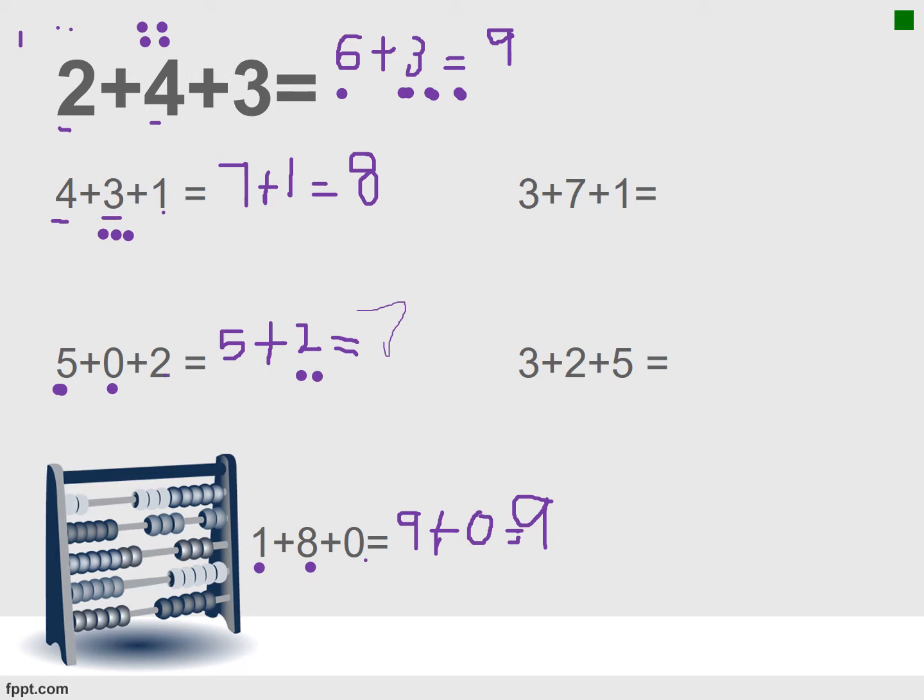Next, what are the numbers that we are going to add? The first 2 numbers. That is 3 and 7. So 3 and 7 will be 3, 4, 5, 6, 7, 8, 9, 10. 3 plus 7 is 10.